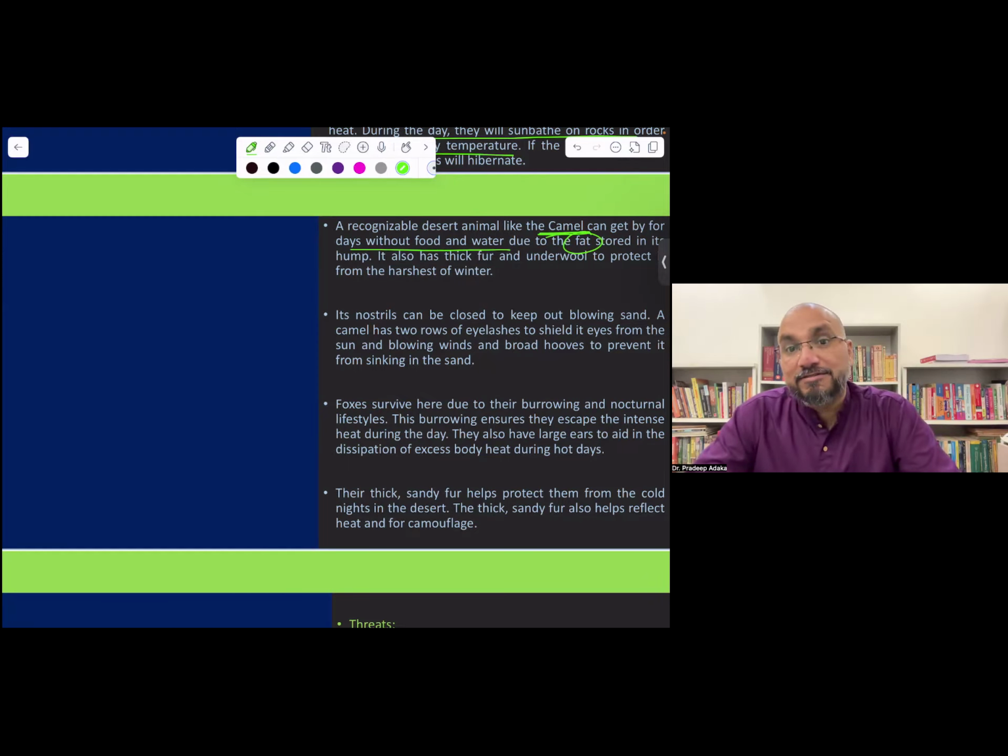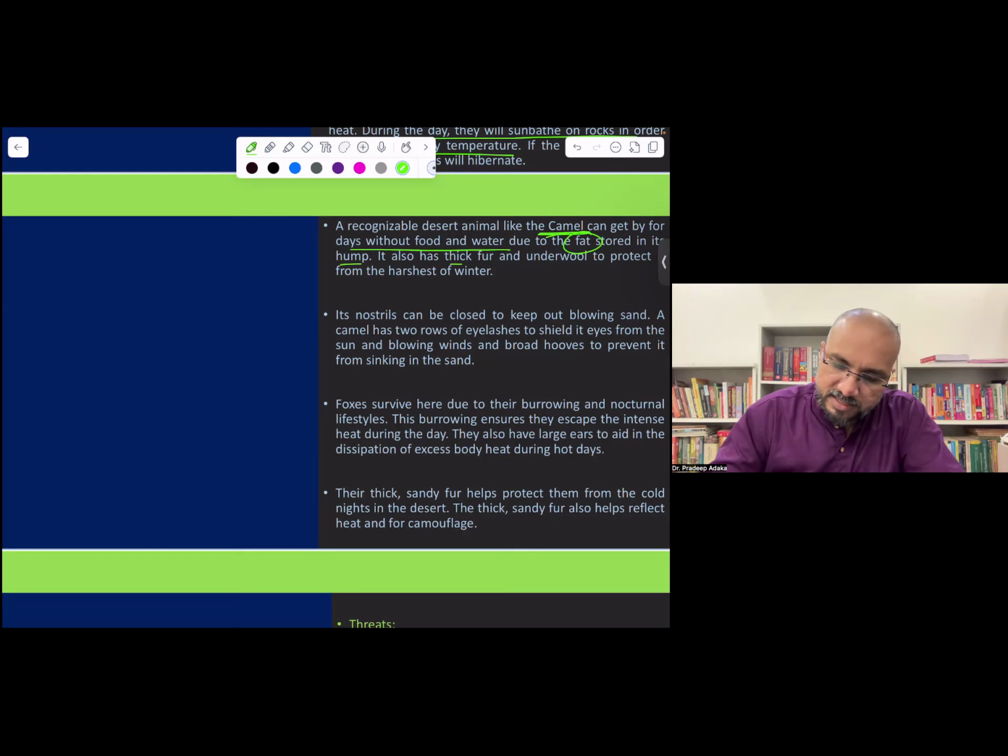It can store fat in its hump. The camel's hump has fat, not water. People get mistaken that it stores water in the hump. No, the hump is fat basically. So fat is stored in the hump.